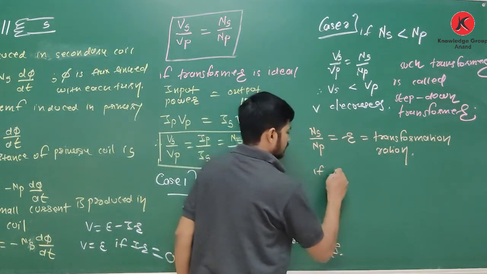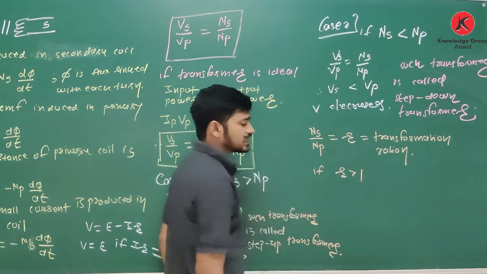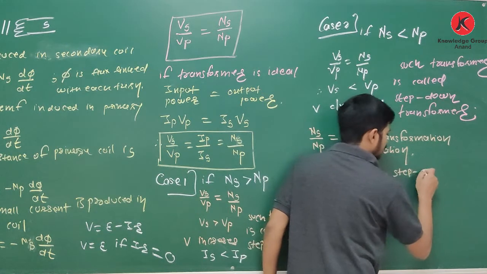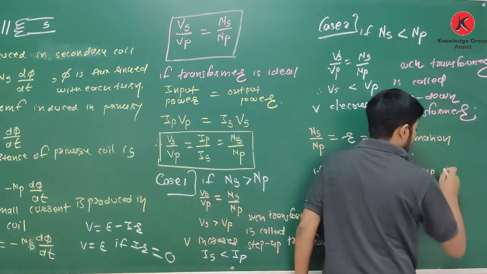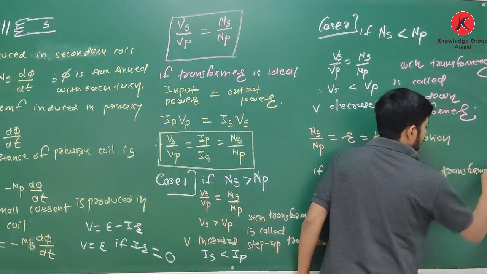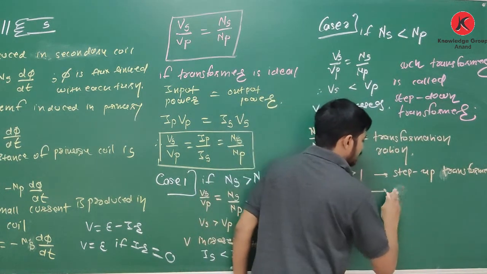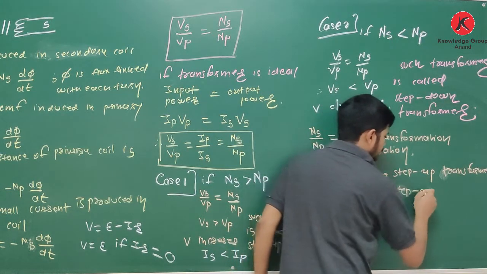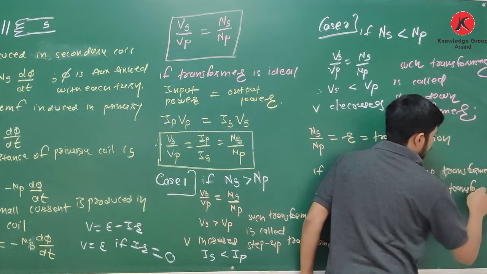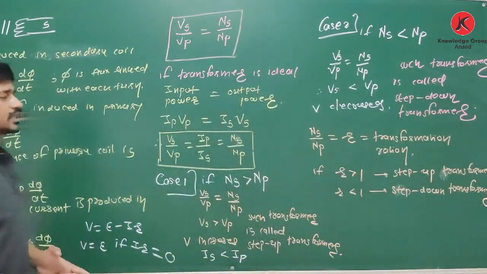If R is greater than 1, which is possible when Ns is greater than Np, it is called a step-up transformer. If R is less than 1, it is called a step-down transformer. Clear? So this extra point you have to remember.